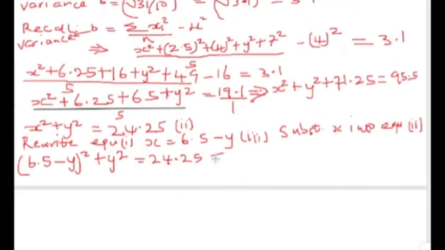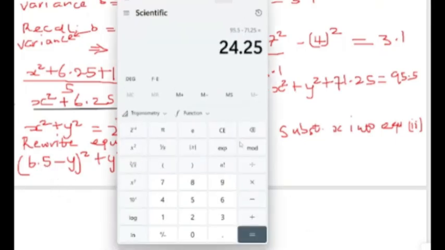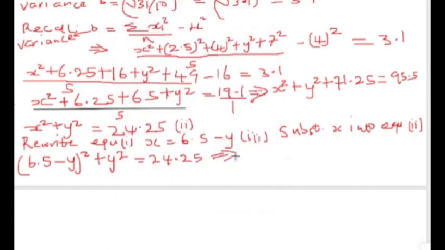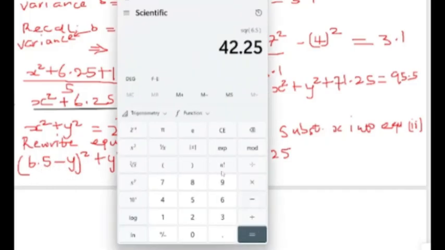So let's expand and see. I want to do the expansion here because of space. If we expand this, we need to say 6.5 squared. So if we say 6.5 squared, we get 42.25. Then we do 2 times 6.5 times y. I'm just following the steps. So that gives us 13.